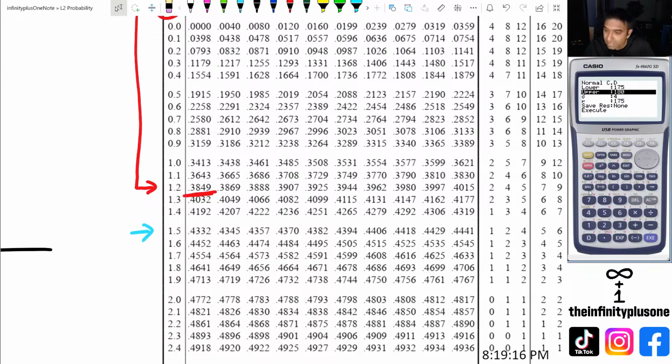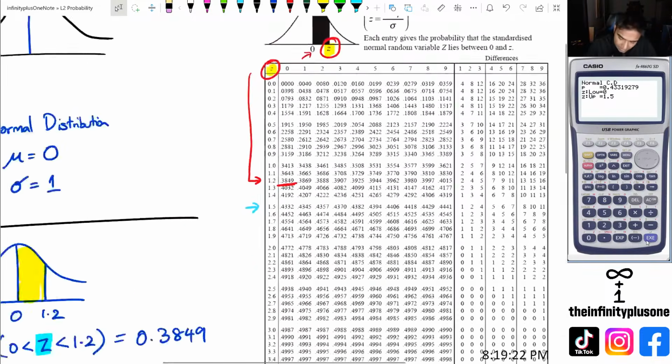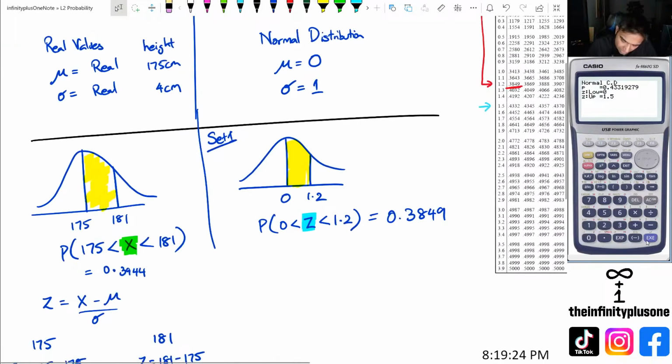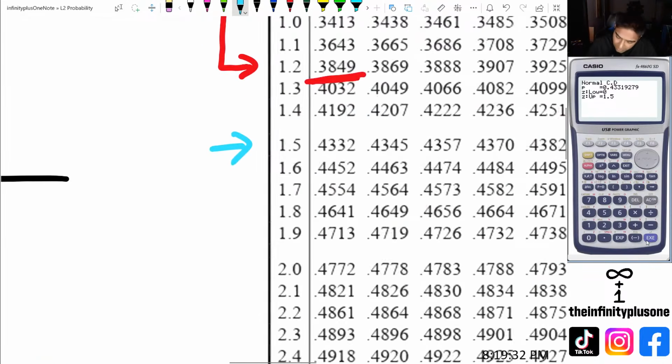It's not 180, it's actually 181. There we go, that's much better. I should have actually got 0.4332 as my answer. And if I go in here, you can see at 1.5, I'm actually getting 0.4332.